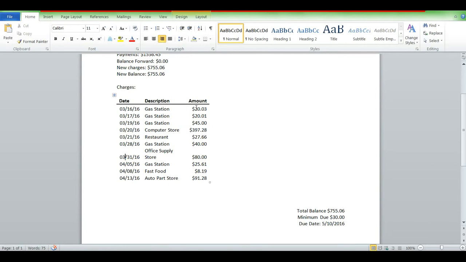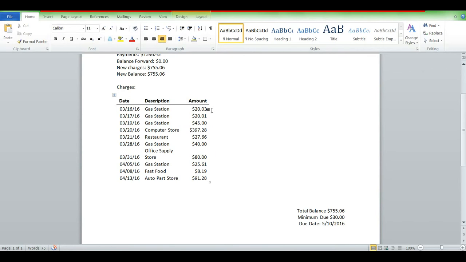I know, for example, when it's a gas station, they filled up, that's a fuel charge. I can look through and see computer store, may have bought a computer. Restaurant, gas station again. Office supply store kind of continued on this second line here, but it's $80. So here's the different charges.